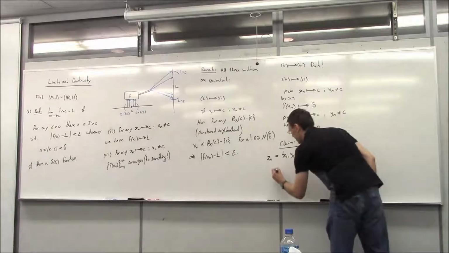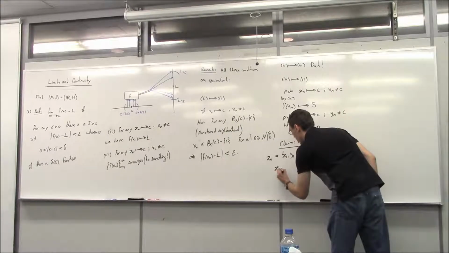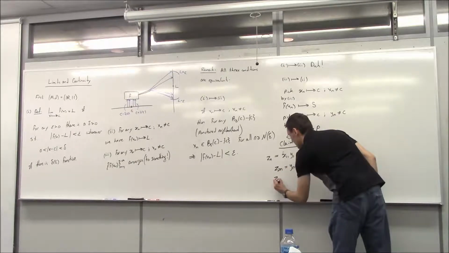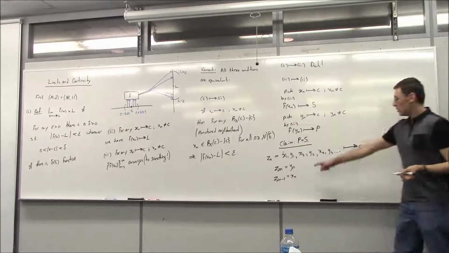Notice that z sub 2n is equal to y sub n, and z sub 2n minus 1 equals x sub n. You see that?